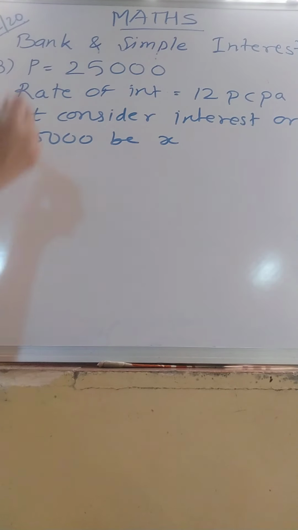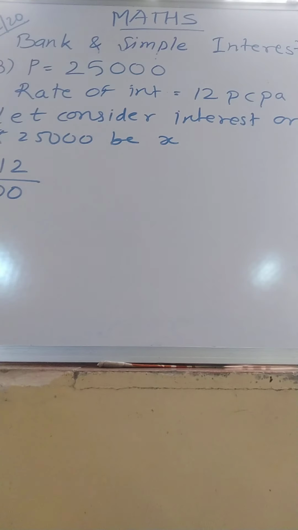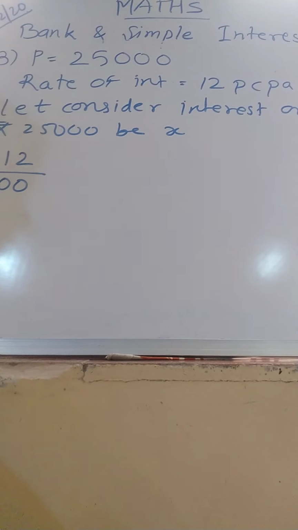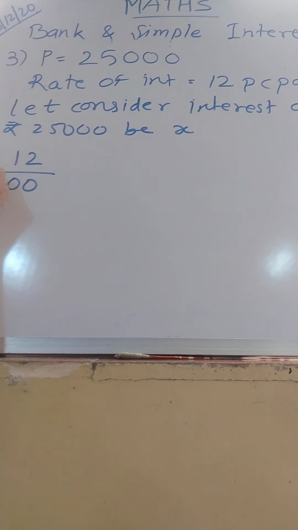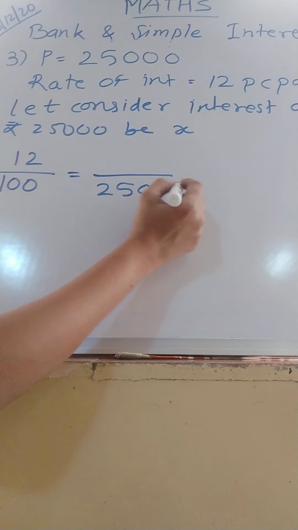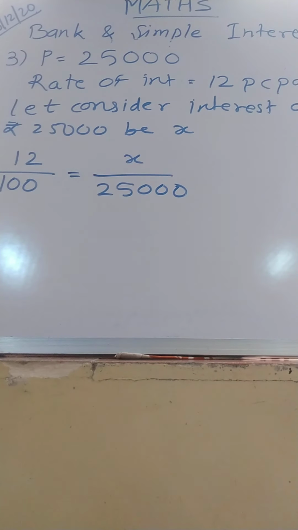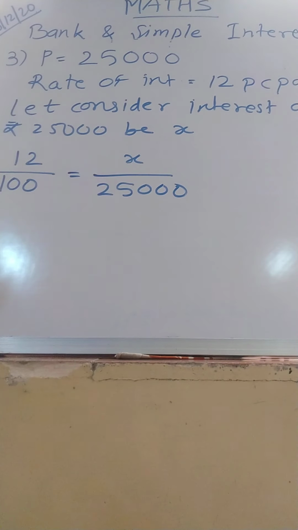Understand up to here? Now write: on 100 rupees, how much rate? 12. Right? So on 25,000 it is X. As per our equation, to remove this 25,000, we have to multiply by 25,000 on both sides.